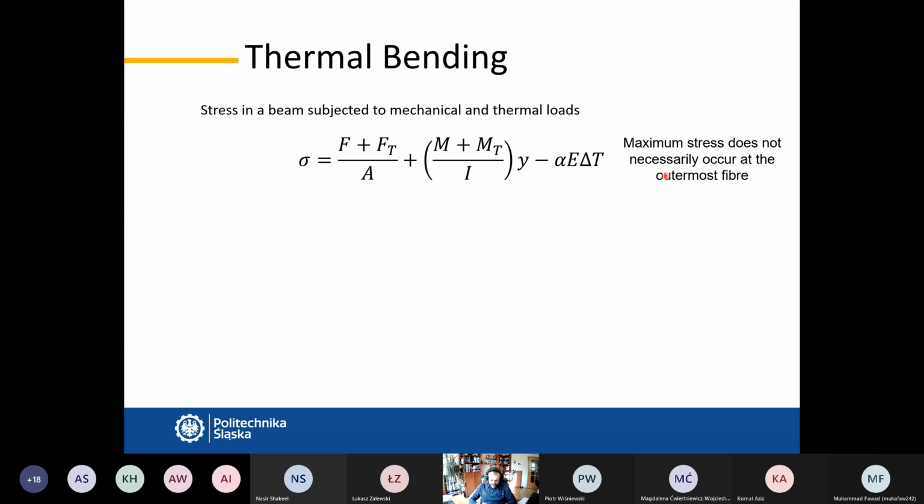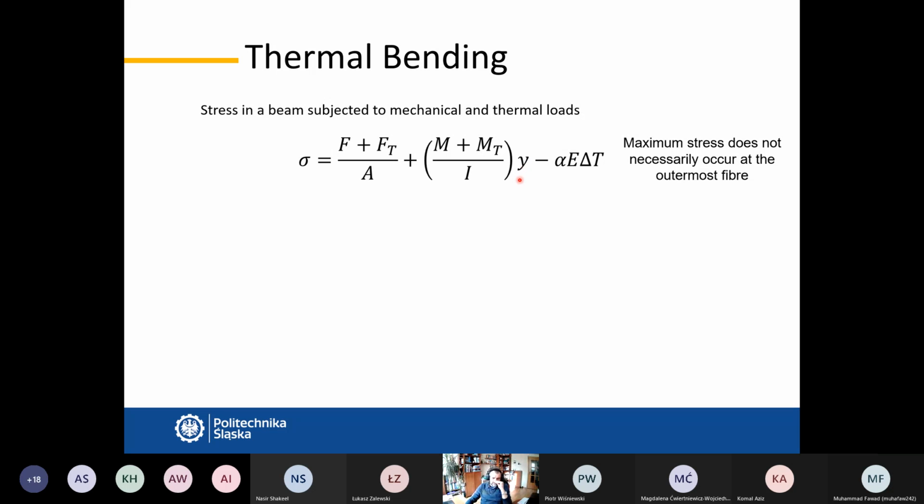In the neutral axis, which usually passes through the centroid of the cross section, stress is generally zero. Looking at the mechanical stress only, the maximum stress is at the outermost fiber, so at the highest distance from the neutral axis.